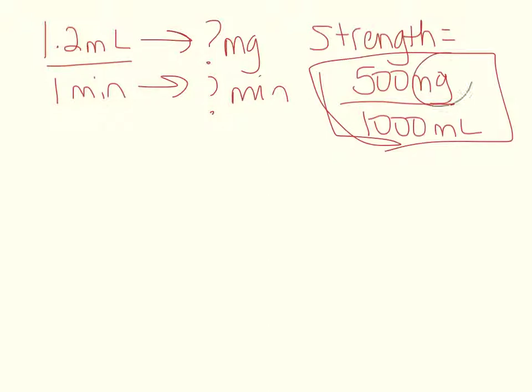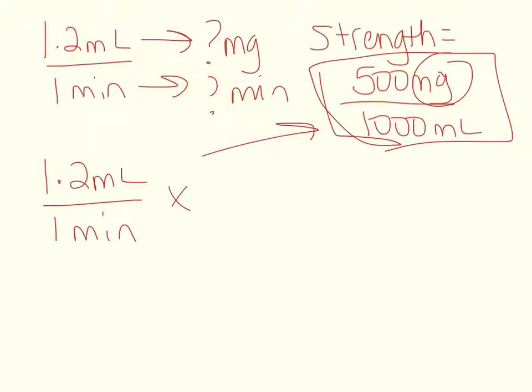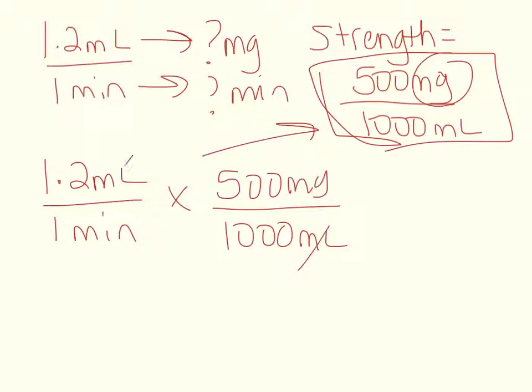We want the milligrams to stick around, and we also want the minutes to stick around as well. So we're going to take that 1.2 milliliters over 1 minute, and multiply it by that unit fraction. We want the milliliters on the bottom so that they cancel out. So we have the 500 milligrams, and those cancel out. 1.2 multiplied by 500 gives you 600 milligrams.